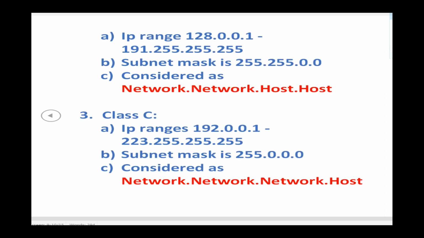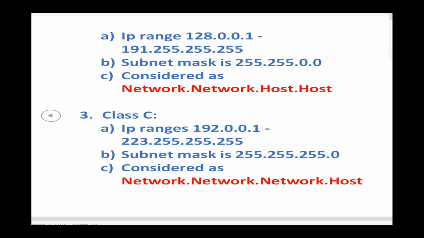So let us see about class B. Class B IP addresses are from 128 to 191, and in class B the subnet mask is 255.255.0.0, means 2 network octets and 2 host octets.